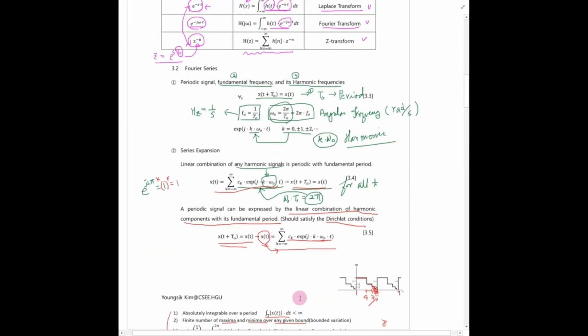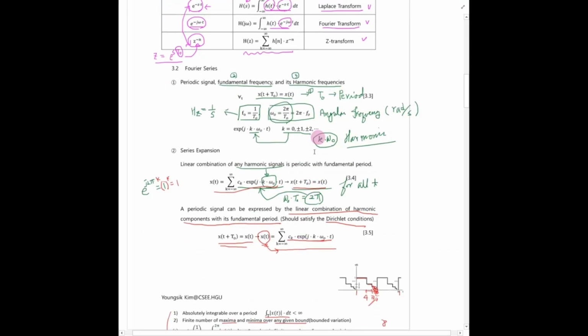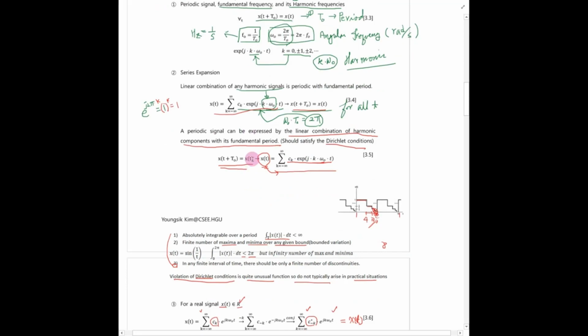So what we have done: Fourier series are applied to a periodic signal. If a signal is periodic, it has a fundamental frequency, and harmonic frequencies are related by integer multiples of the fundamental frequency. Then that signal can be expressed by a linear combination of harmonic components, like these equations. Then we consider the real periodic signal.